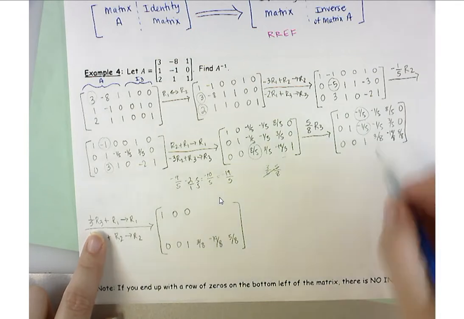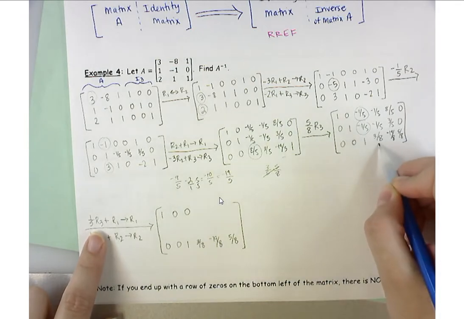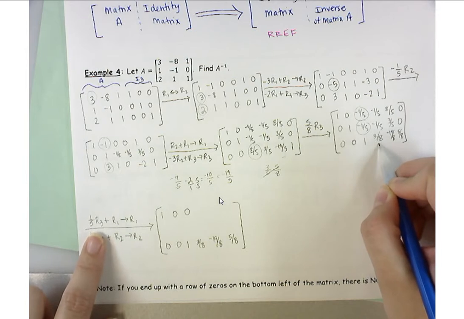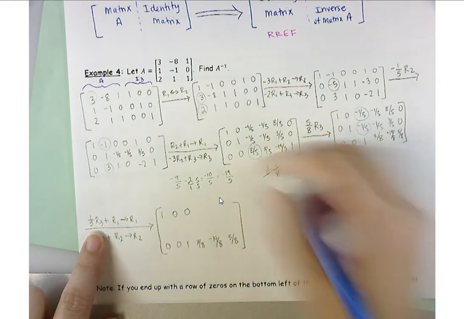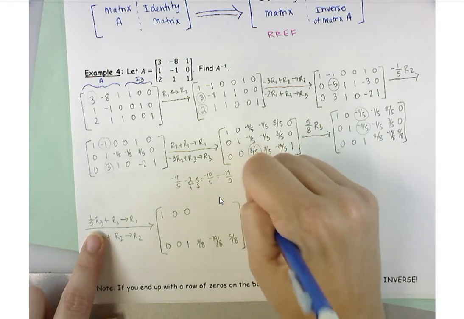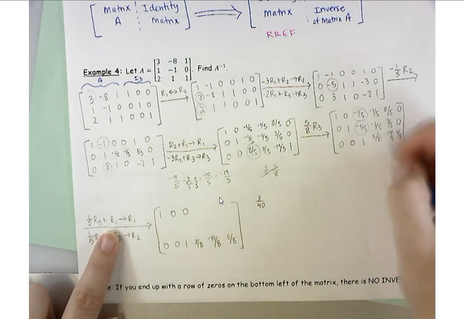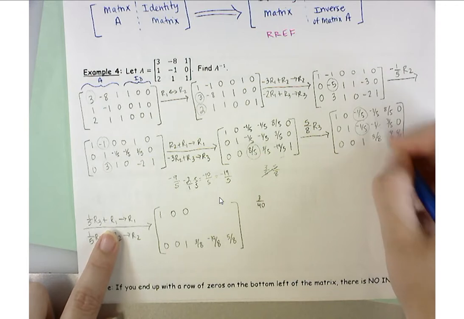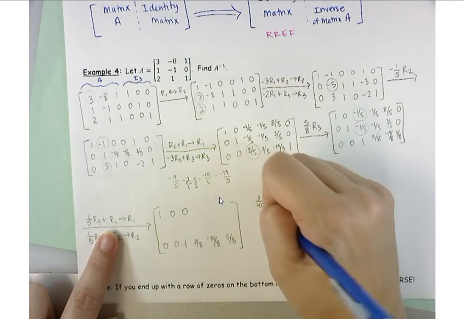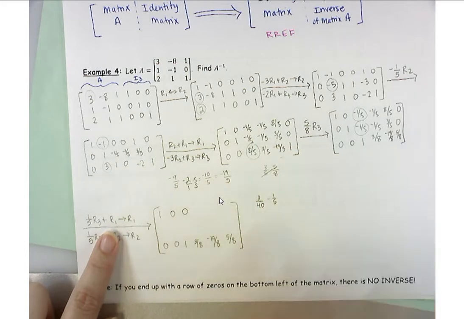Okay, so now I'm doing 1/5 times 3 over 8. What's 1/5 times 3 over 8? 3/40. So that might be something I want to write down. 3/40 plus row 1. So plus row 1 would be minus 1/5. So what do I need to get?